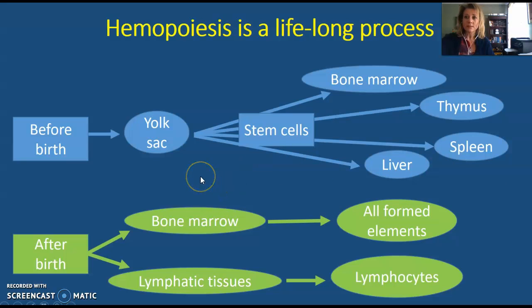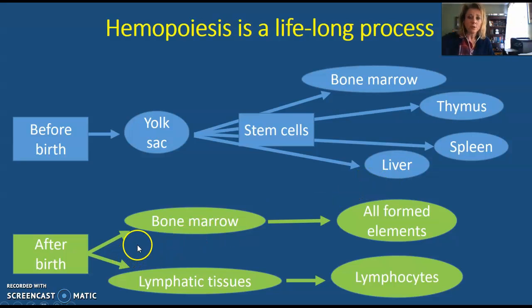So, hemopoiesis is the creation or the synthesis of blood cells, and it starts even before birth. It starts in the yolk sac where we have stem cells. And then these stem cells are going to move out to various developing tissues in the embryonic body.